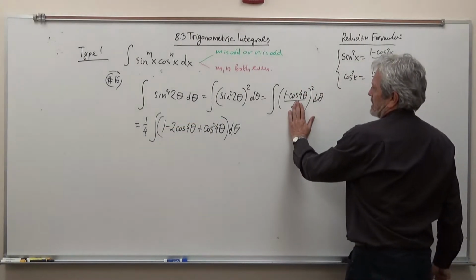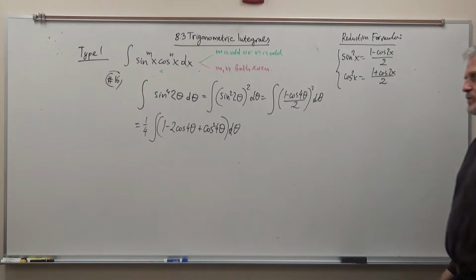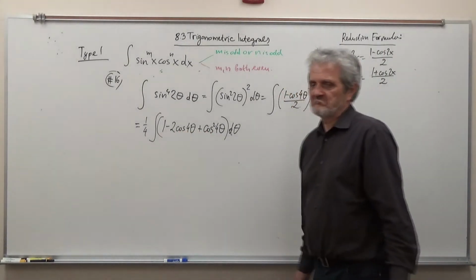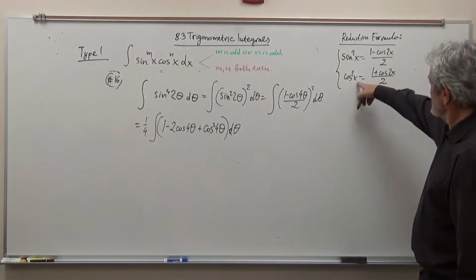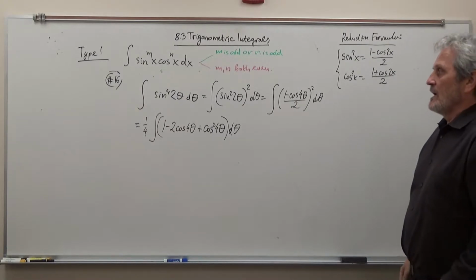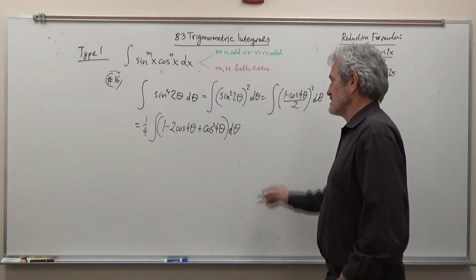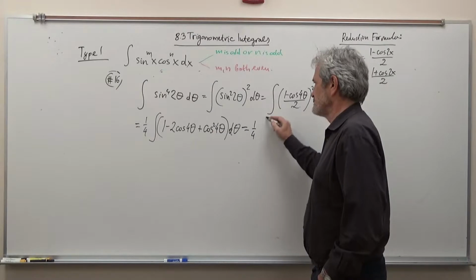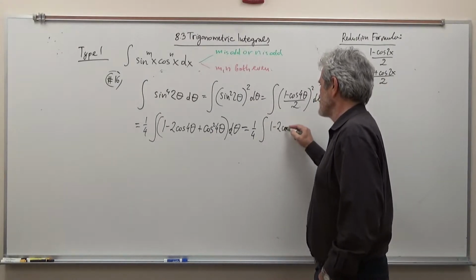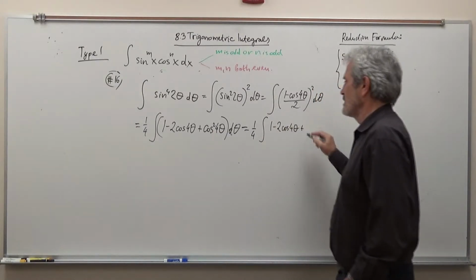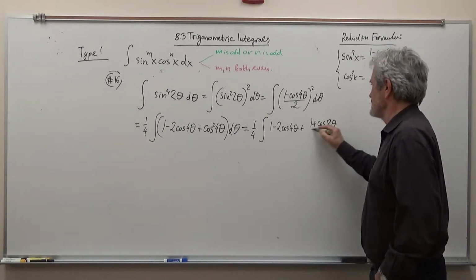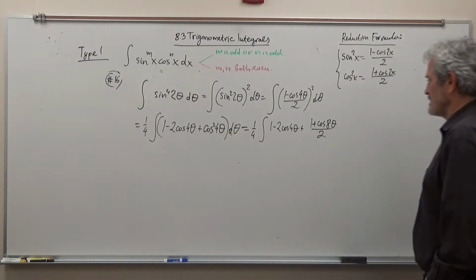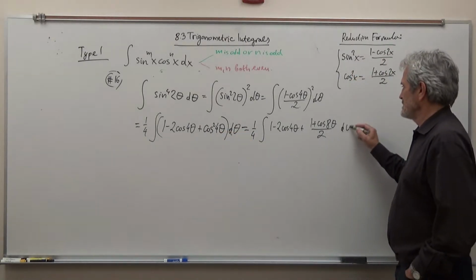And then when I square binomial, I use square of binomial formula. This expression is easy to integrate, just linear correction, but the square is bothering me, so I have to use now this formula and trade square for doubling the angle. So that would be 1/4 of 1 minus 2 cosine 4 theta plus 1 plus cosine 8 theta over 2, because double of 4 theta is 8 theta d theta.